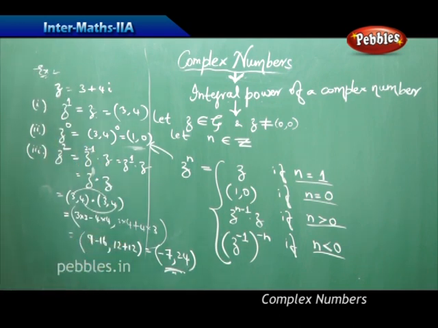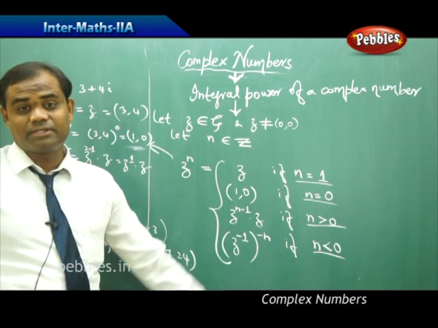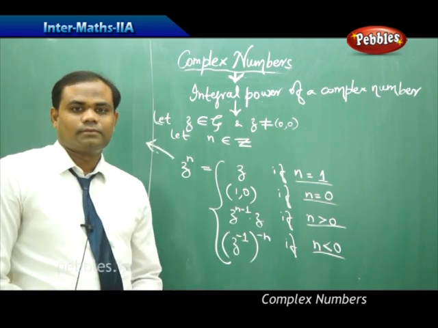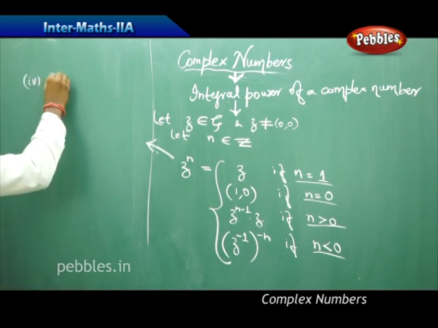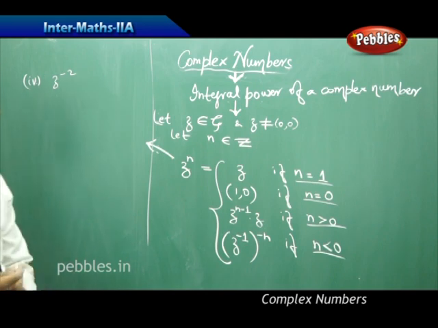Now lastly, let's see what happens when n is less than 0. I want to find z^(-2).